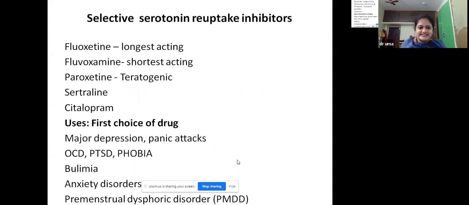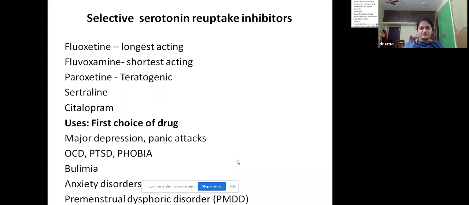And SSRIs are selective serotonin reuptake inhibitors. Among these, fluoxetine is the longest acting drug. Fluvoxamine is the shortest acting. Paroxetine is teratogenic, sertraline and citalopram. They are the first choice of drug in depression, panic attacks, OCD, post-traumatic stress disorder, phobia, bulimia, eating disorders, anxiety disorders, premenstrual dysphoric disorders.